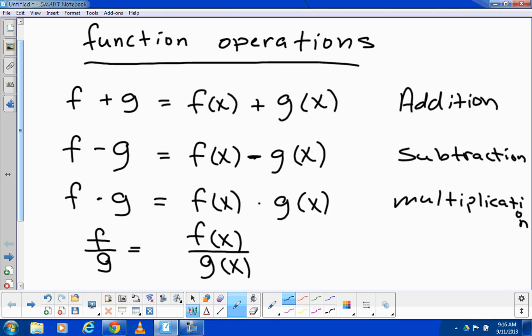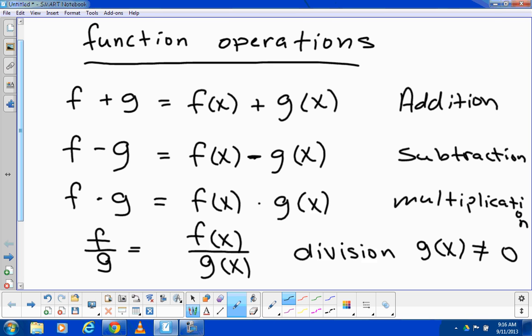The only time you can really do anything with division is if you can factor and cancel. Now we're going to restrict something here though. What's something that has to be true when I'm dividing? Right, g of x cannot be 0, because we can't divide by 0. So that's something we're going to remember when we talk about domain.